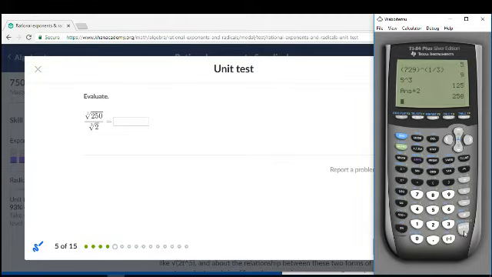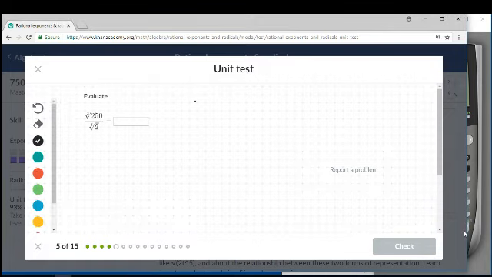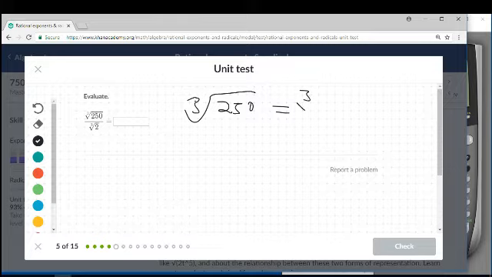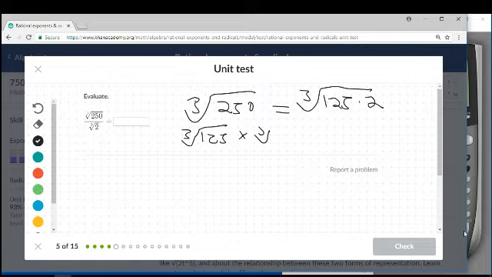So when we check this out, we can look at the cube root of 250 as equal to the cube root of 125 times 2, which means that this is equal to the cube root of 125 times the cube root of 2 over the cube root of 2.